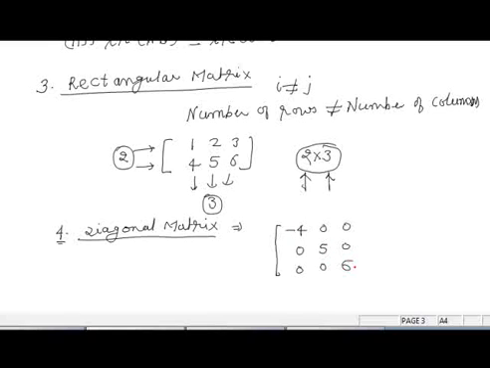And the diagonal element can be negative or it can be positive or it can be an imaginary number also. So here we can see all the elements other than the diagonals are zero. So that's why this matrix is called the diagonal matrix.